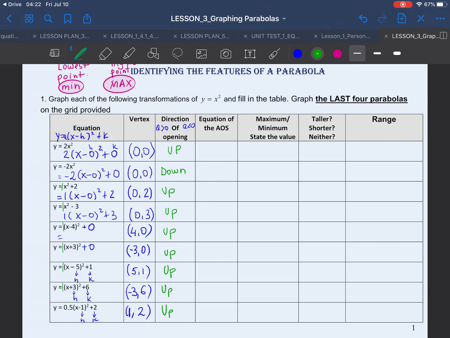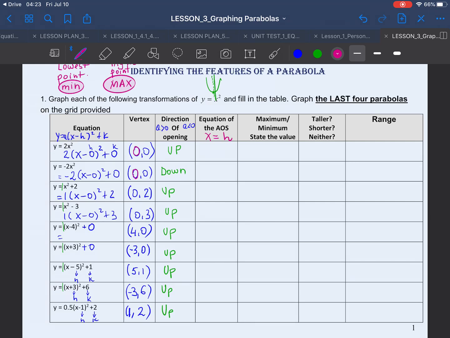Now, what is the equation of the axis of symmetry? The equation of the axis of symmetry is wherever the vertex is. You draw a perpendicular line here to the x-axis. So this vertical line will pass through the x at the vertex. And the equation of the axis of symmetry is always x equals the x coordinate of the vertex, which is x equals h.